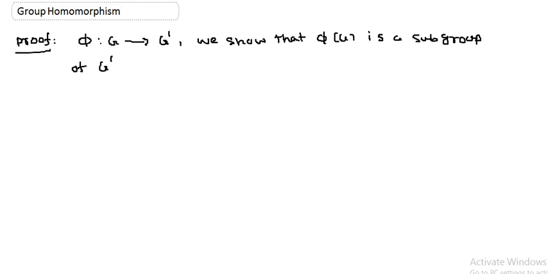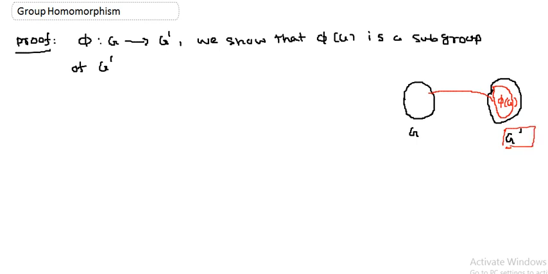So what it means: suppose we have the set G over here, and here we have the group G dash, and the image of this whole group is over here, some subset of G dash. Suppose this is phi of G, so phi of G is a subset of G dash. Now this subset, with the same induced operation from the group G dash, becomes a subgroup.